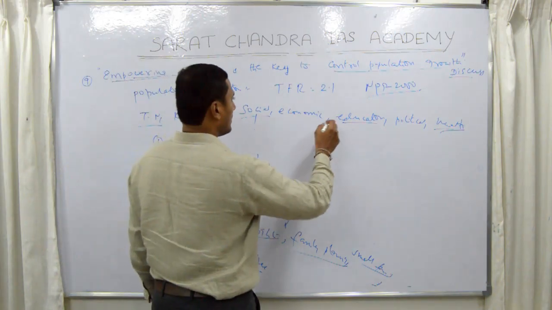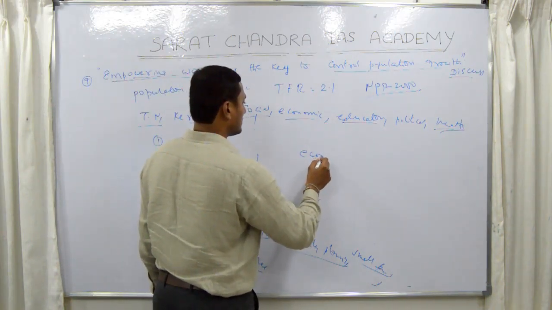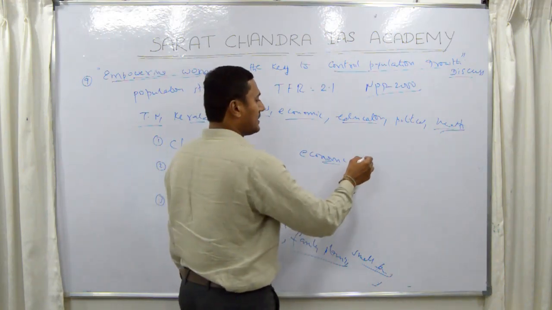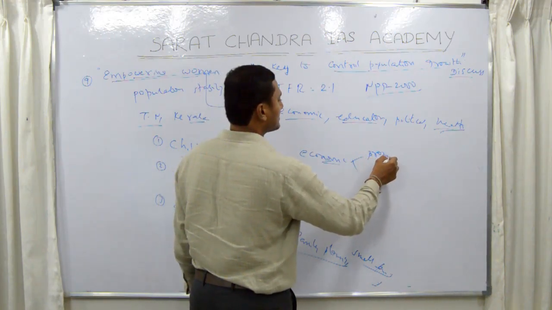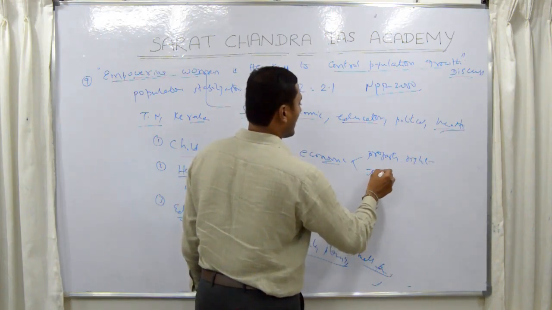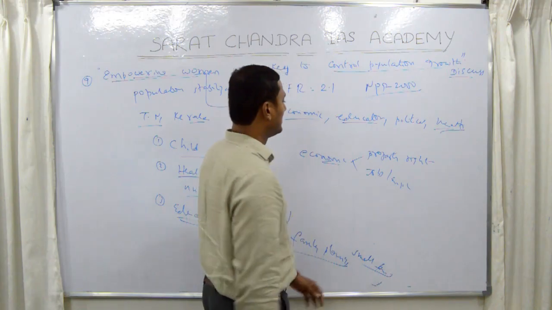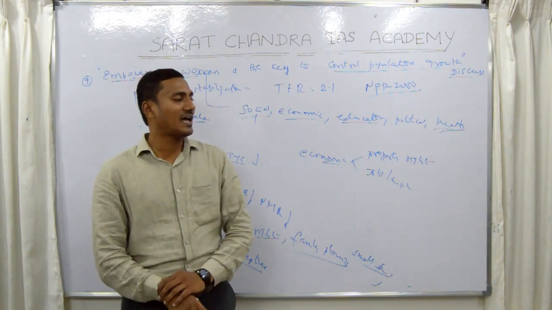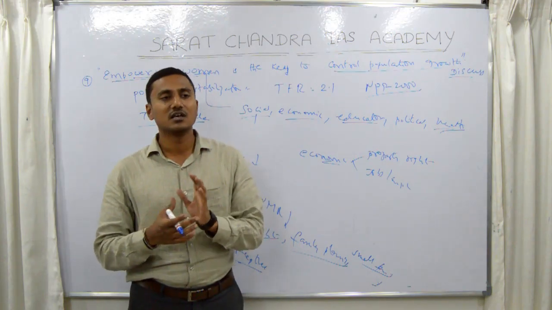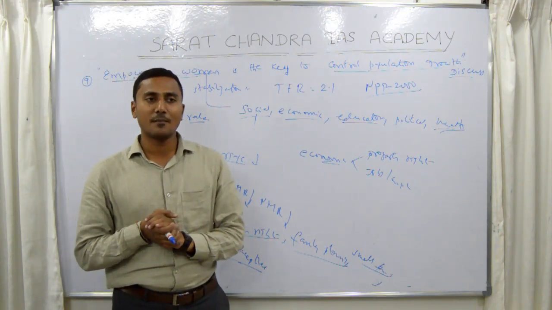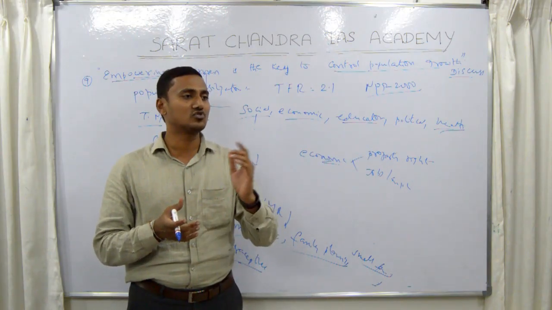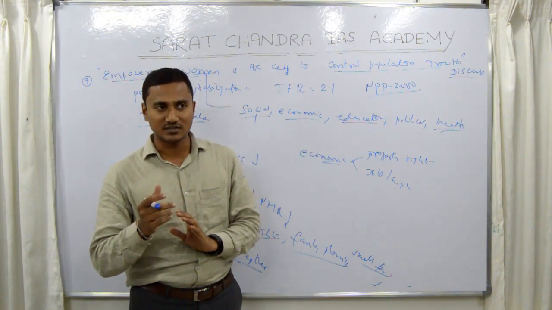Similarly, economic empowerment can be by having property rights or employment. See, a woman who has property rights would be more independent, they can take their own decisions and they cannot be dominated by the men, and hence they can take a decision of giving birth to 2 children and not more than that.